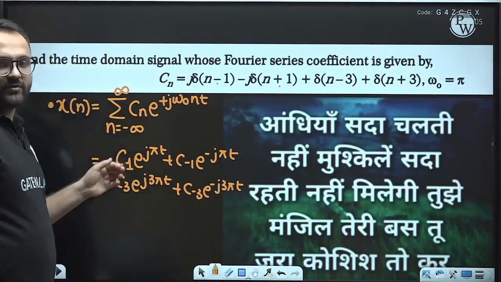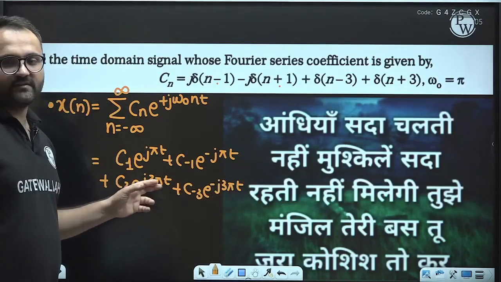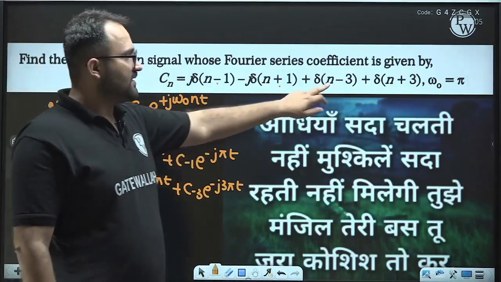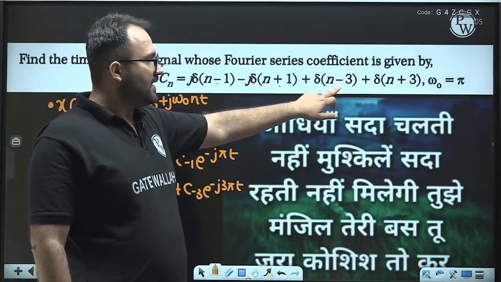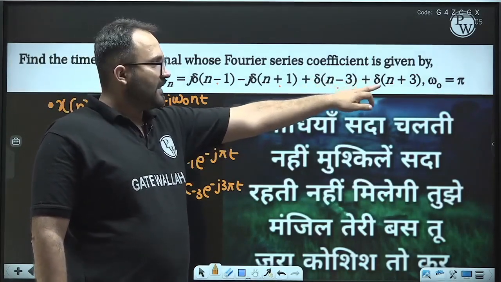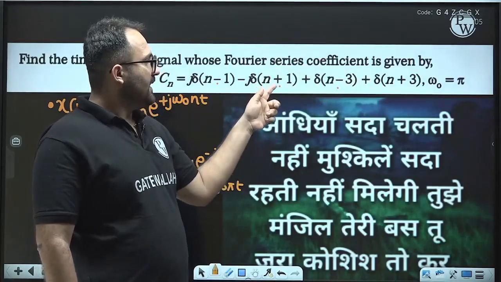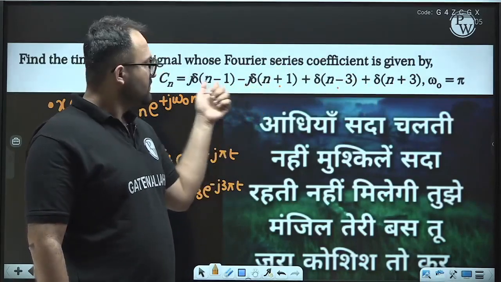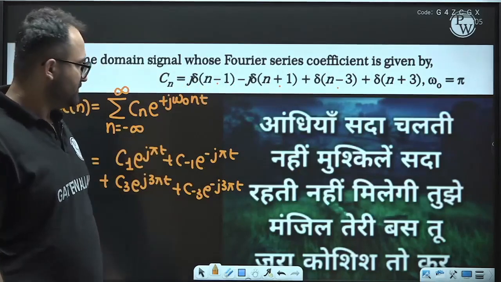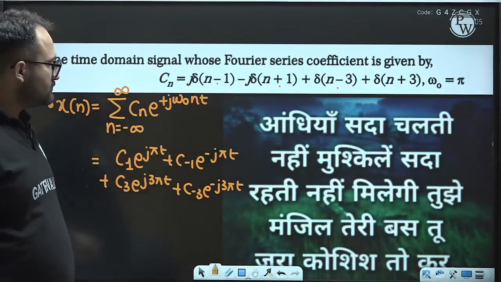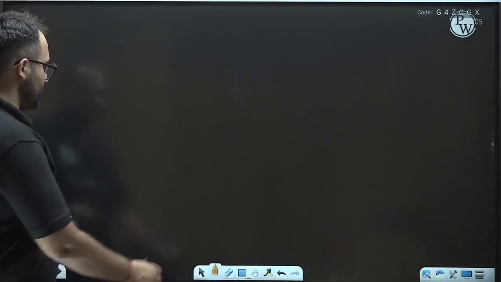So we simply have to put the values C1, C minus 1, C3 and C minus 3. We can see that at 3 the value is 1, at minus 3 the value is 1, at minus 1 the value is minus j, and at 1 it is j. So we can simply solve the question.